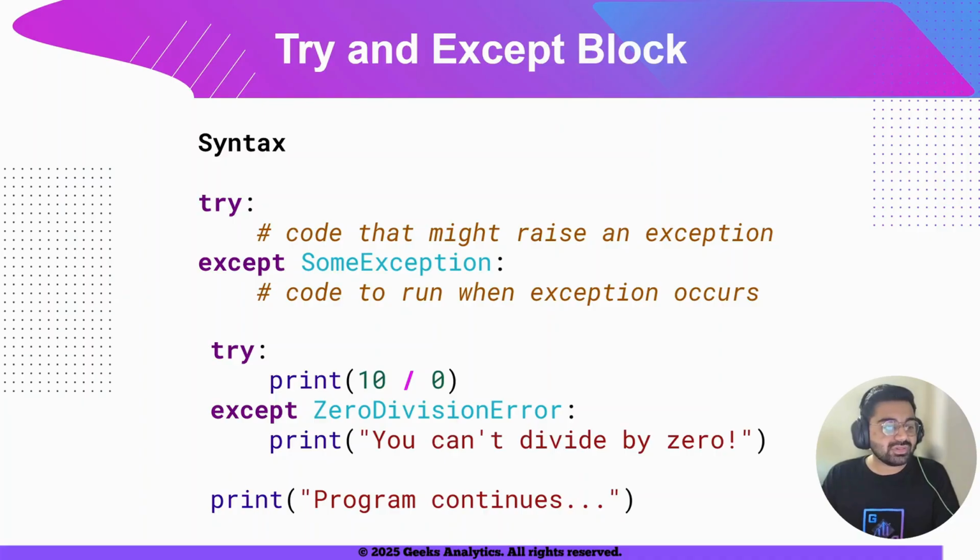Let's say in the given example, we are trying to divide 10 by 0. If it raises zero division error, then maybe you can print that you can't divide by 0, or if there is any other functionality you want to add, then you can add that under the except block. And then your program will continue to run. Otherwise, if you don't implement the try except block, then your program will stop at that particular point where the exception is raised.